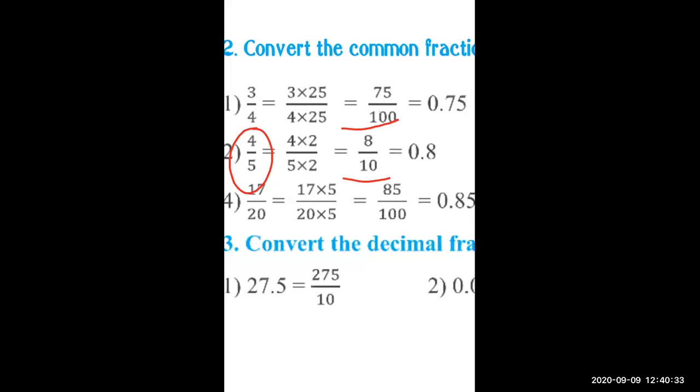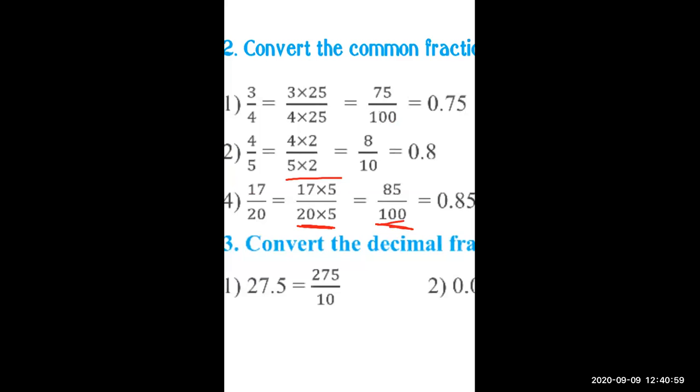Now we will move to our next, the fourth one. The fourth sum is 17 upon 20. Now make this 20 into 100. So 1 twenty is 20, 2 twenties are 40, 60, 80 and 100. So 5 twenties are 100. So if I multiply the denominator by 5, you have to multiply the numerator also by 5.